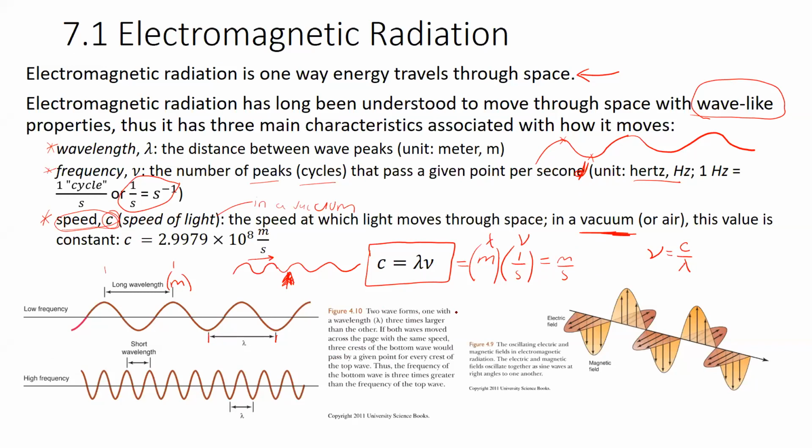Okay. Now, those are the basic things for us to understand: just the frequency, the wavelength, and the speed. Now, we're not going to worry about some other aspects of how light travels through space. It's actually traveling through space as a combination of 2 different fields, an electric field and a magnetic field, that are perpendicular to each other as it moves through space.